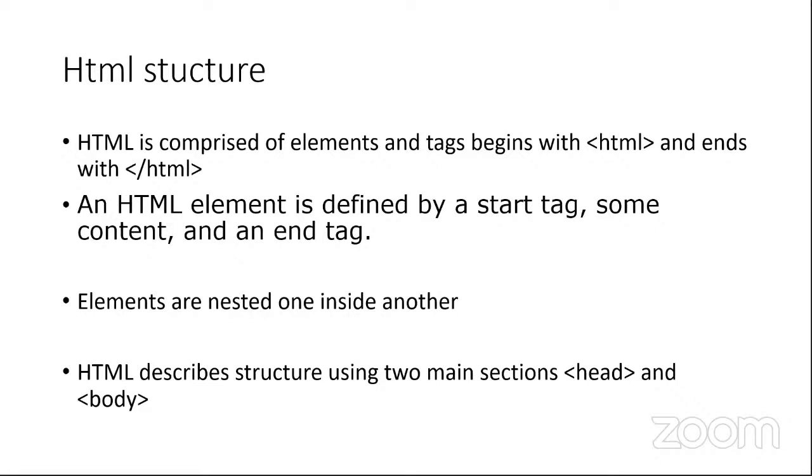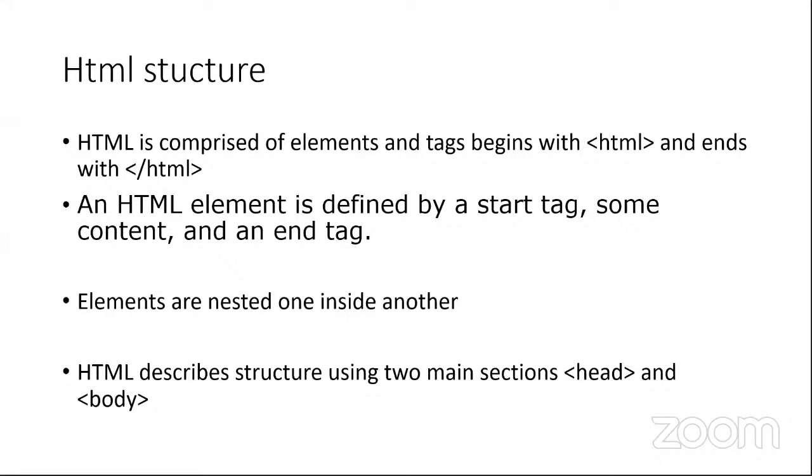And of course, HTML describes structure by using two main tags: the head tag and the body tag. We'll see them one by one with hands-on. But before moving to hands-on, we must be aware of some basic theory.